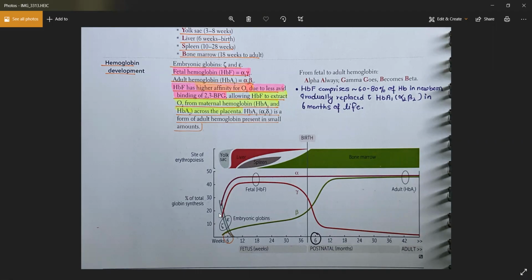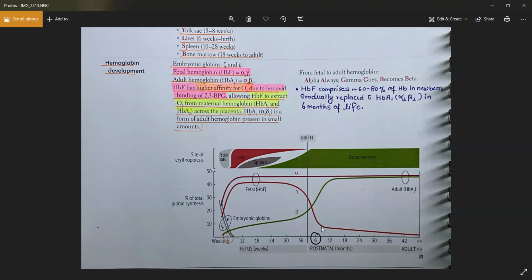Okay, very important. So as you can see, the epsilon chains are present initially in the embryonic life. And then the alpha chain starts synthesizing first in the yolk sac, then in the liver and then in the spleen. This is the alpha chain, as you can see. This is the gamma chain, which is the dominant chain at the time of embryonic life. At the time of birth, it will start decreasing.